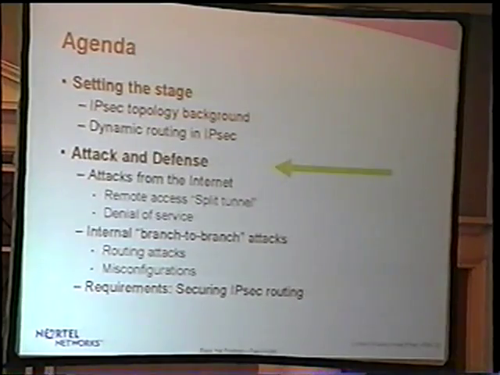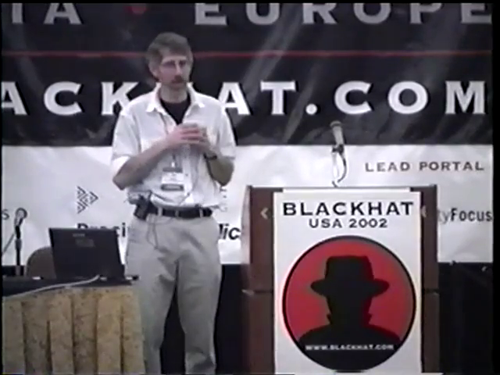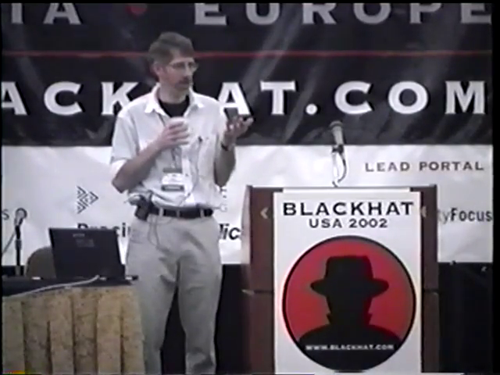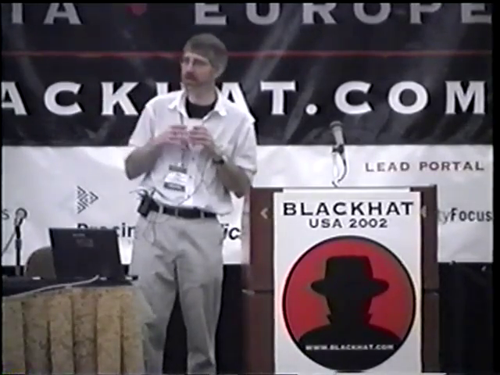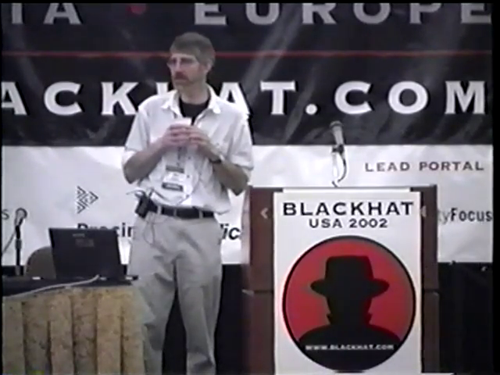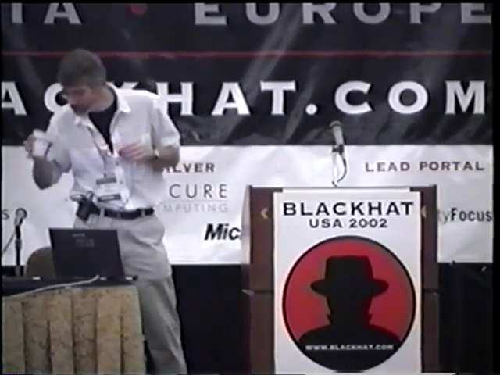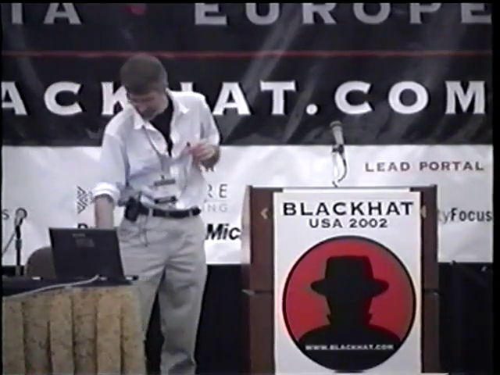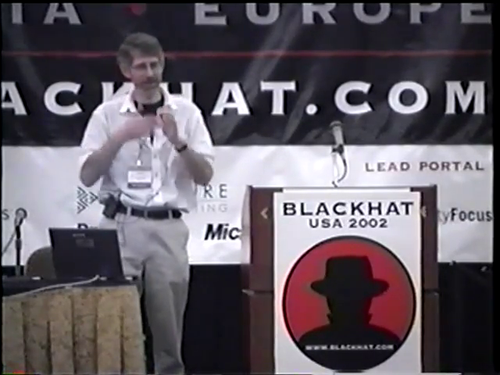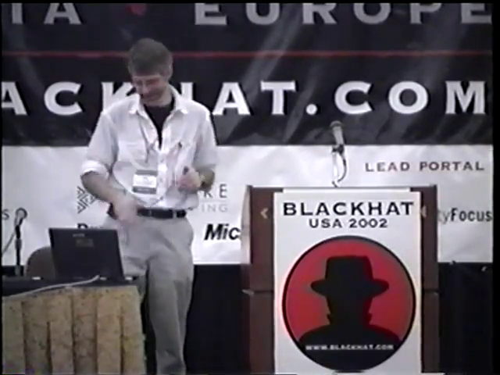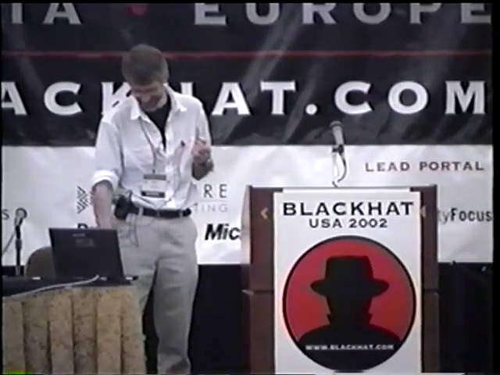Okay, so let's take a look now at the attack and what issues arise when you start using dynamic routing, and what are the defenses. Any questions about the basic function of dynamic routing in IPsec? Okay, good. Maybe you've all read over these things and you're really up to speed with it. So good, thank you.